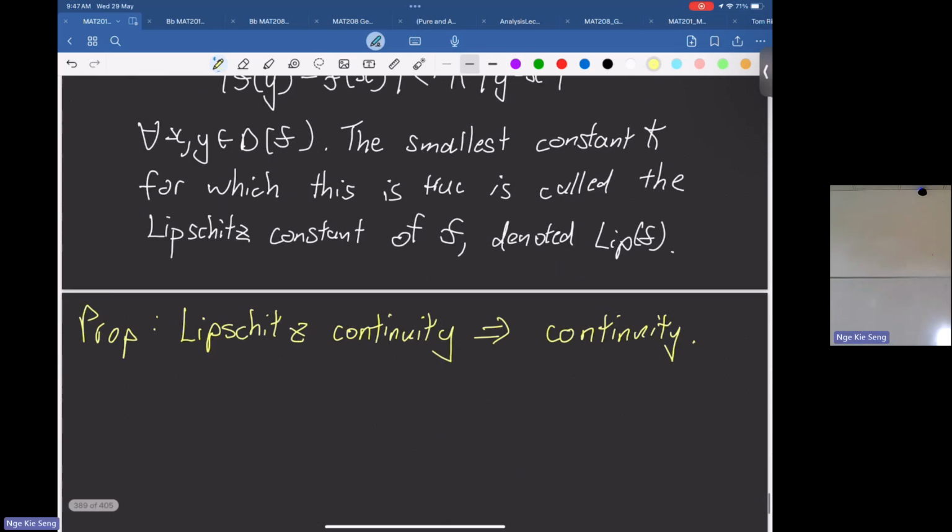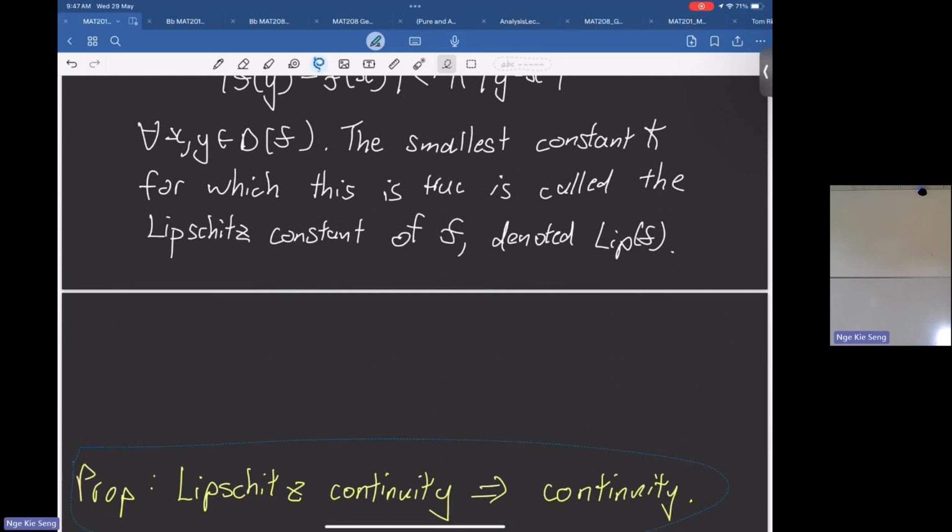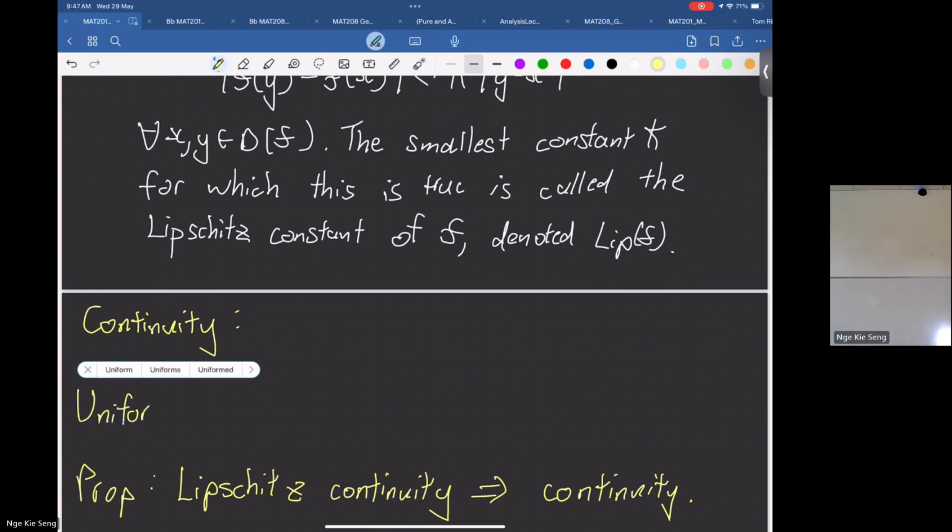I let you think for a minute and then I want to write down the definition so that you know what I am talking about. One is continuity, one is uniform continuity.